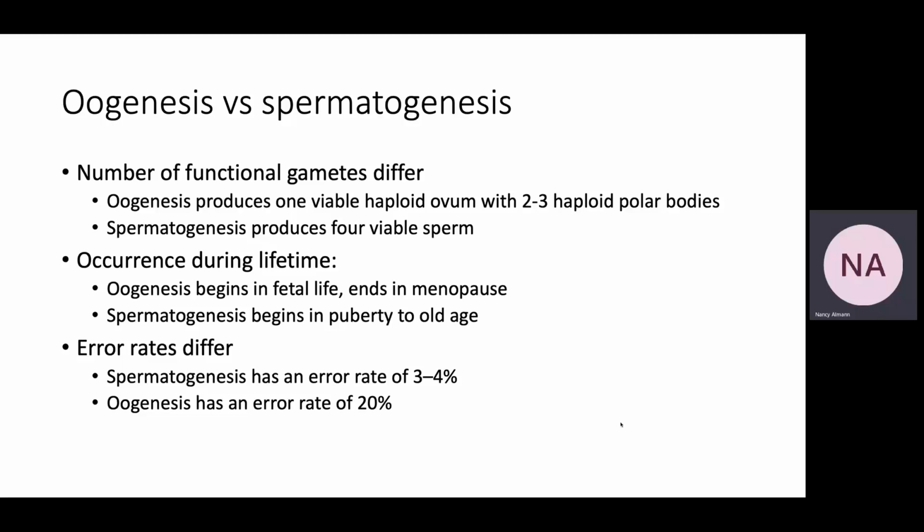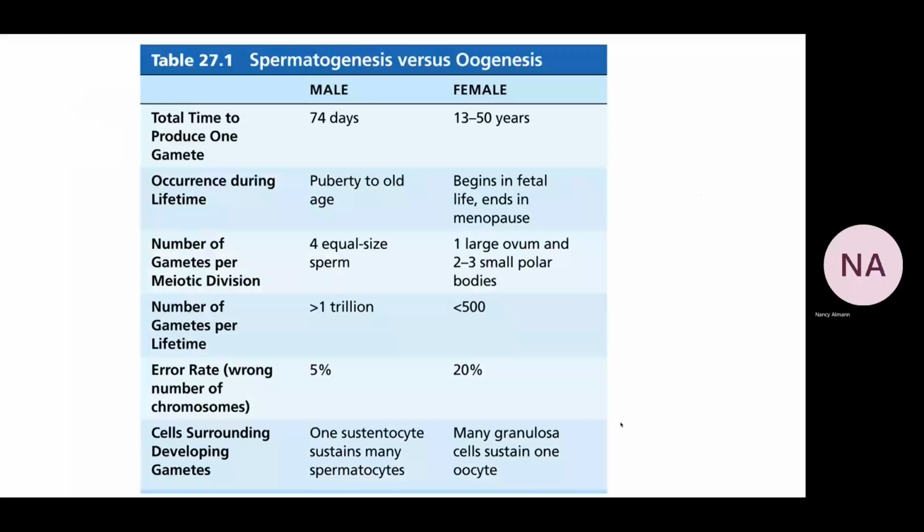Error rates will also differ. Oogenesis has an error rate of about 20%. Spermatogenesis is relatively error-free, relatively speaking, because it has an error rate of 3 or 4%. That shows you a lovely chart which came out of the book about spermatogenesis versus oogenesis.